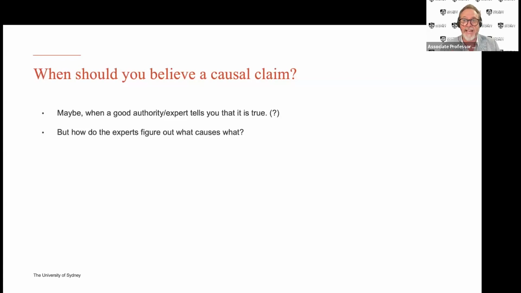Just think about debates about vaccinations and whether vaccinations cause good health outcomes or bad health outcomes. So we need to dig deeper than just saying, let's wait for the experts to tell us whether this causal claim is true.